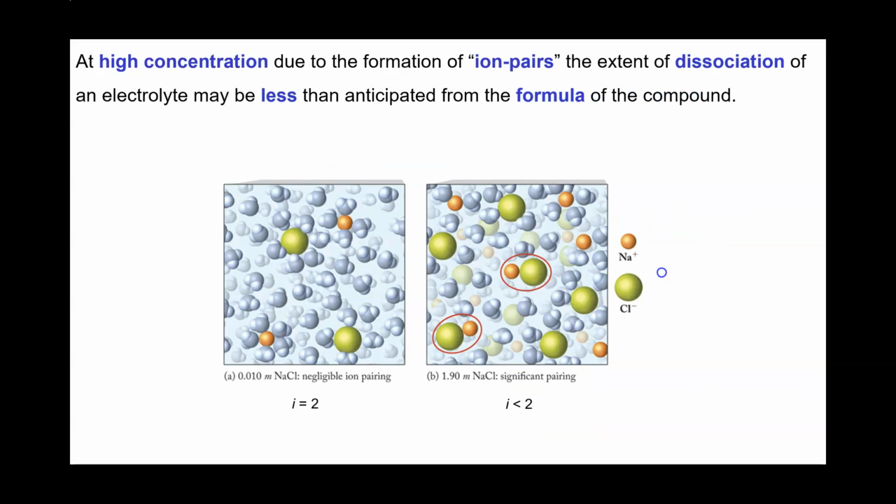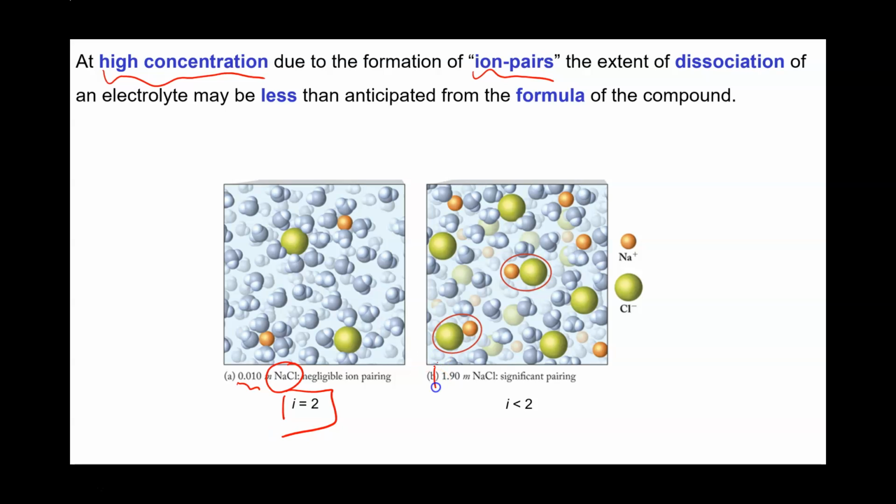Now there is a slight complication. When the concentration in a solution of an ionic compound gets really, really high, those oppositely charged ions start pairing up because they attract one another. So what can happen is that we have less than complete dissociation of the ions. If I have a relatively dilute solution of sodium chloride, the ions don't pair up at all, and i would be 2.